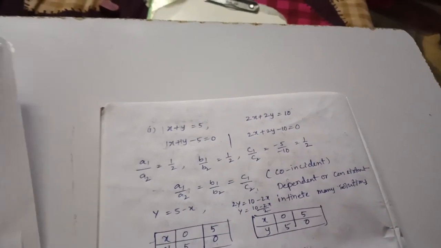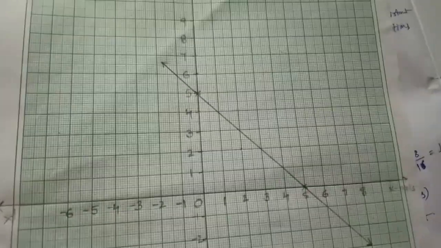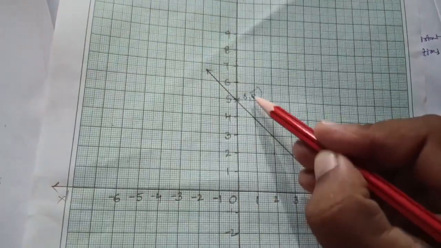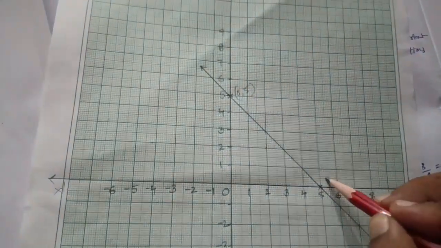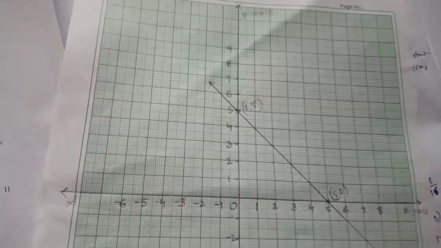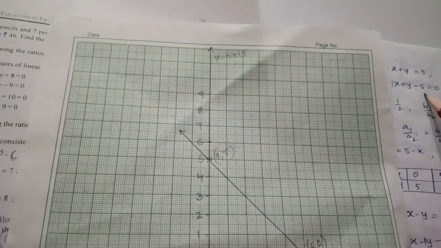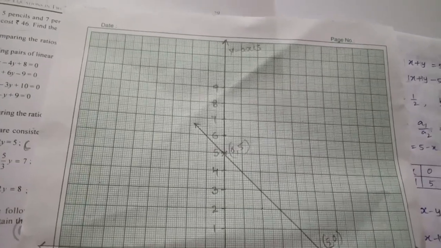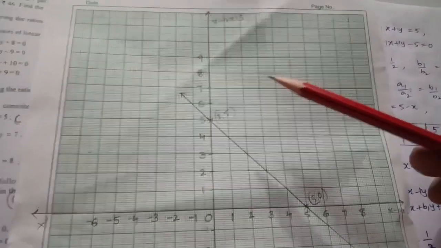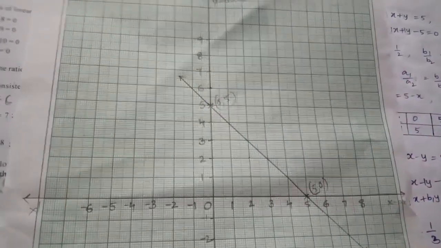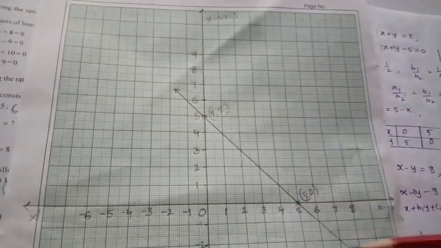Now observe this on the graph sheet. This is 0 comma 5. This one is 5 comma 0. Both are the same, which means the first line's coordinates and the second line's coordinates are the same. So these lines are coincident lines. This is x plus y equals 5.